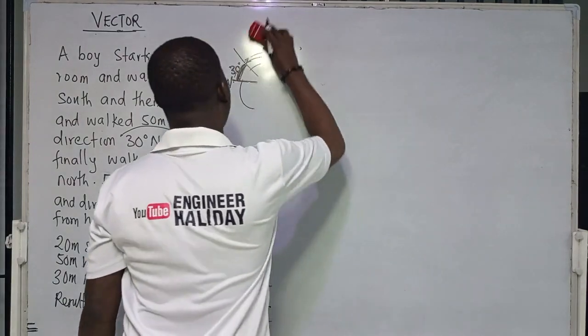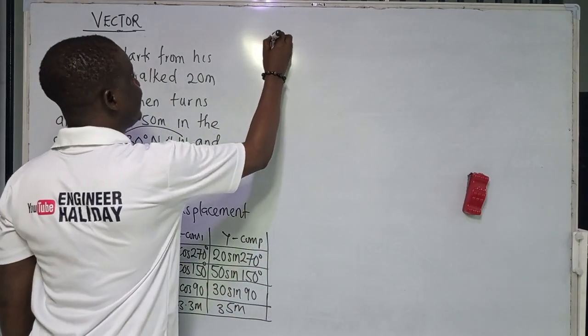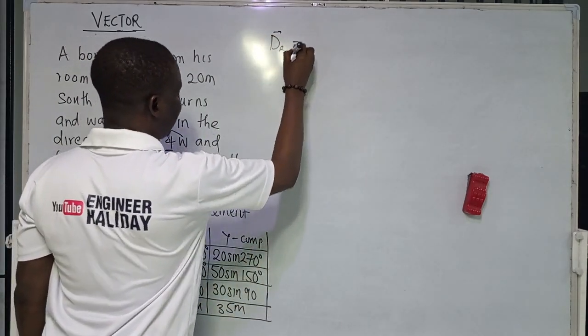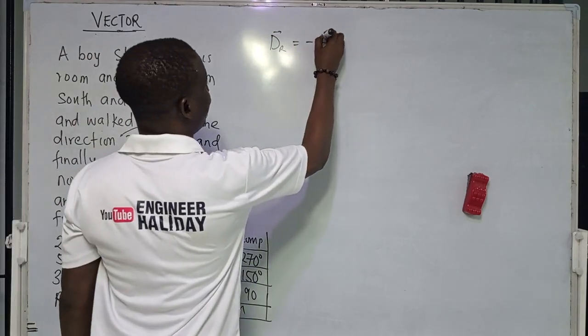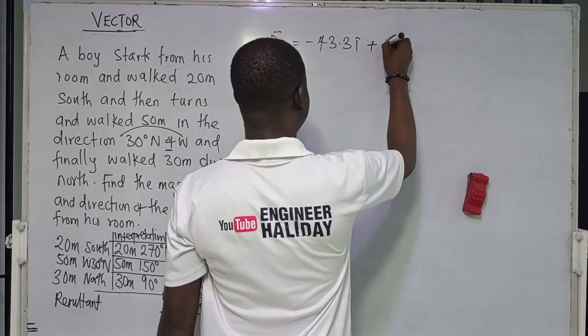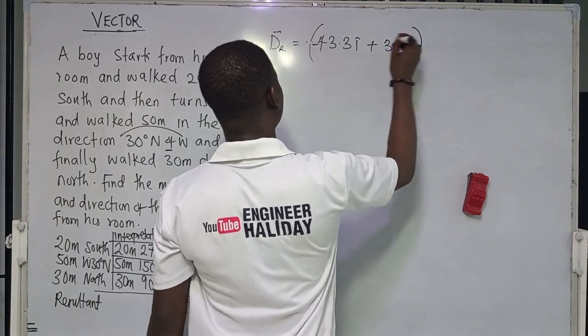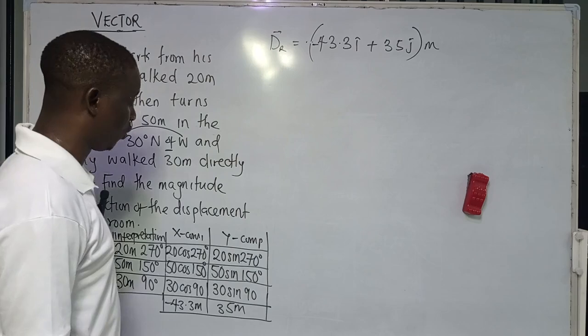Now you can do all the things I have done in part 1. The resultant in vector form is minus 43.3i plus 35j, all in meters. This is our resultant.